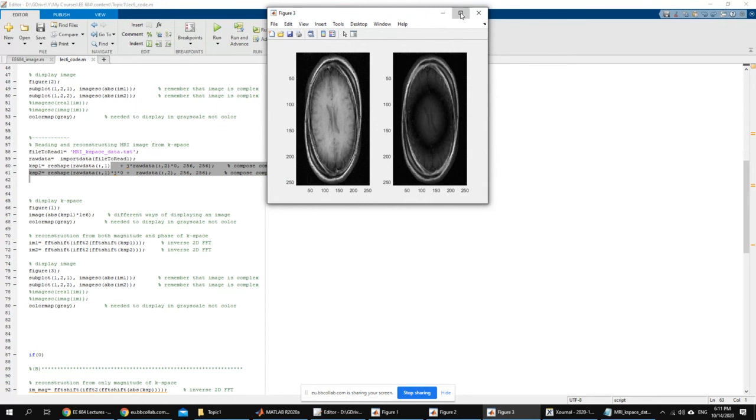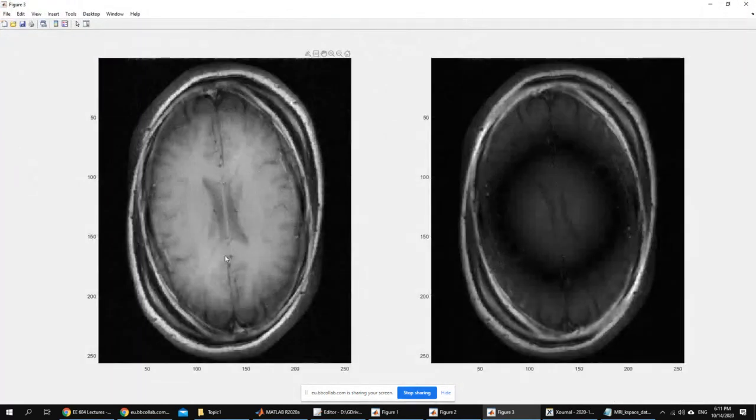Okay. So basically, this is not acceptable. Some people may say that this looks like a better image than this one. Actually, it doesn't matter. This is not an acceptable image. For this particular image, maybe the outline of the skull came out a little bit better and the intensity inside might look a little better, but actually this image is full of artifacts. It's not just a matter of the intensity.